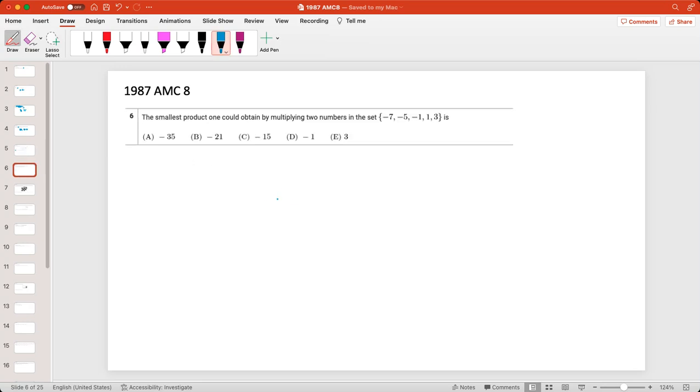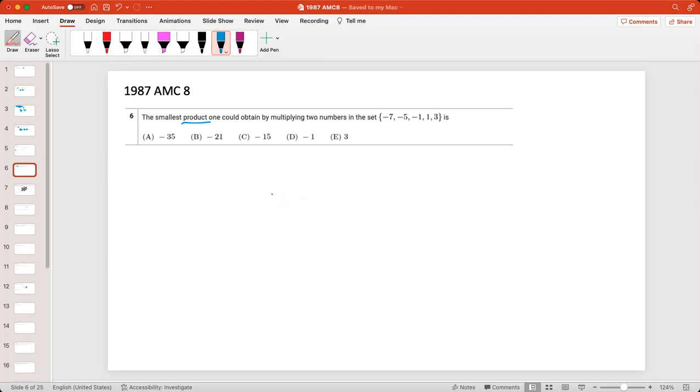The smallest product one can obtain by multiplying two numbers in the set. Product. Okay, so this time it's the product. When you want a product to be the smallest, one number obviously has to be negative, right? Because there are negative numbers in the set. So we should multiply with a negative number. And to get the least number, we should get the absolute value to be the maximum and then add a negative sign to it, isn't it?